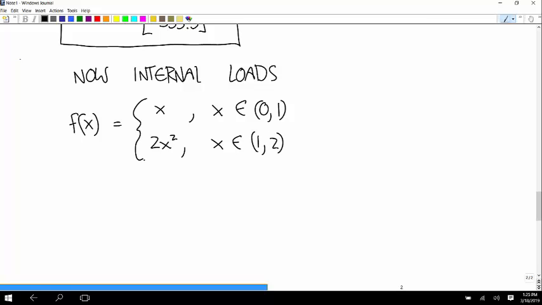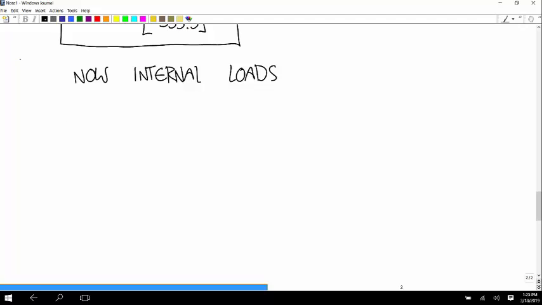That's what we're going to do. We're just going to break up this domain x into pieces. So there are 3 key points, and those are at x equals 0, x equals 1, and x equals 2.